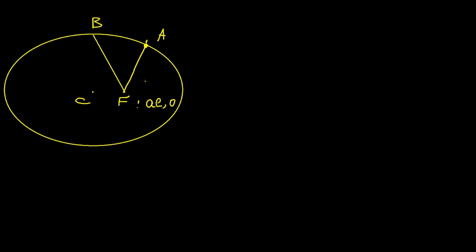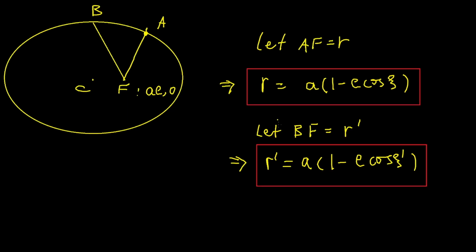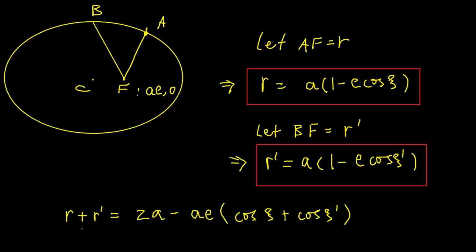Notice that these two quantities are already calculated in the solution to Kepler's problem. Right here, we have the distance r to the star equals a times 1 minus e times cosine of xi. Let's now add these two expressions together and see what happens. r plus r prime is 2a minus ae times cos xi plus cos xi prime.